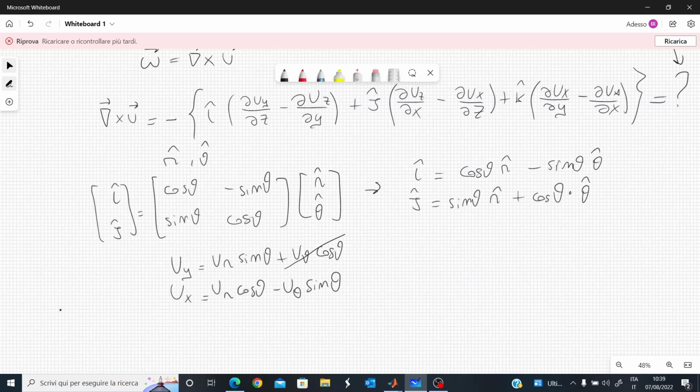So let me rewrite the curl in cylindrical coordinates. I will substitute these expressions, and then I will leave the calculations to you, and I will give you the result. The calculations are just straightforward. You just have to do some algebra, and you will obtain the result. So here we have minus the curl of u, so I'm going to put this minus sign here.